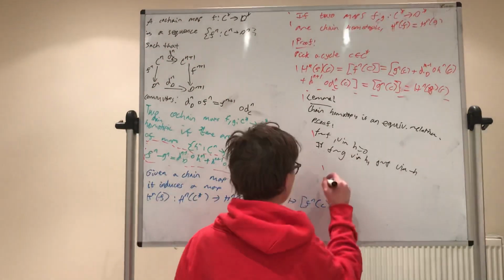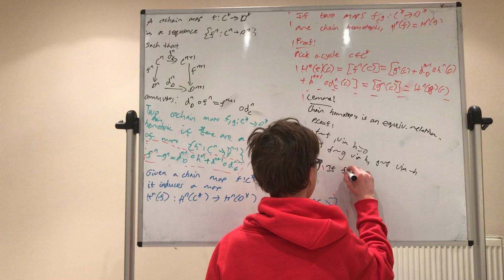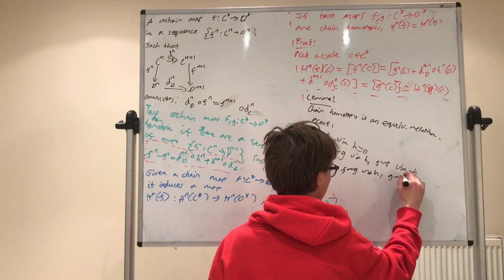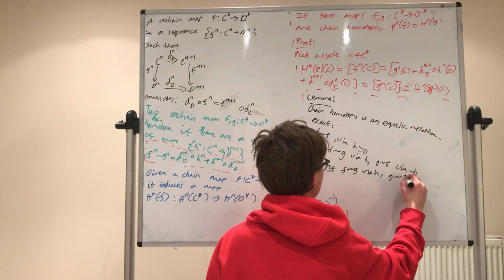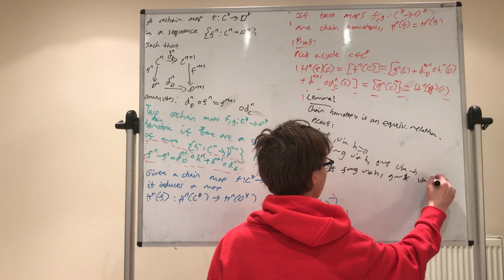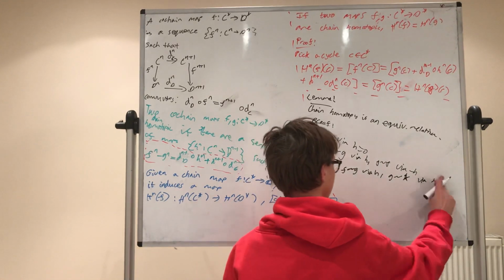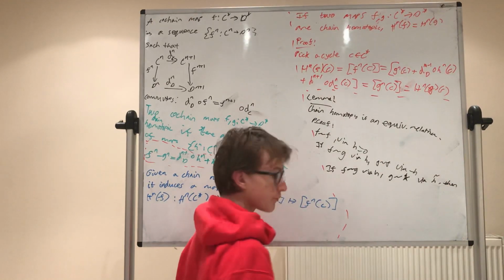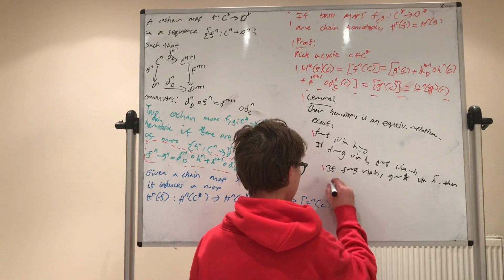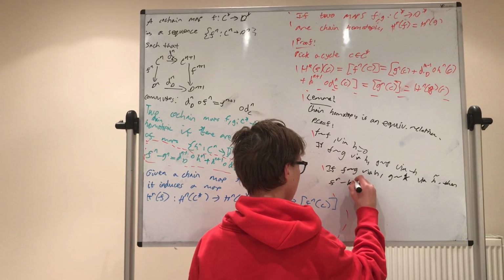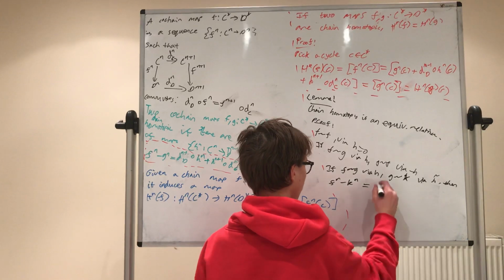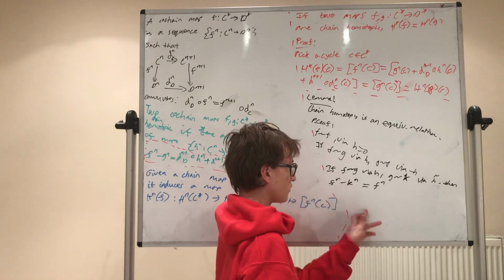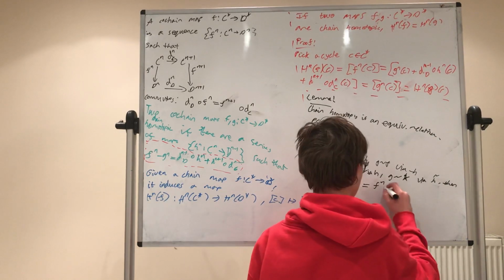So, if F is chain homotopic to G via H, and G is chain homotopic to, let's just say, K via H tilde, then Fn minus Kn is equal to, and now what we're going to do is insert Gn minus Gn.